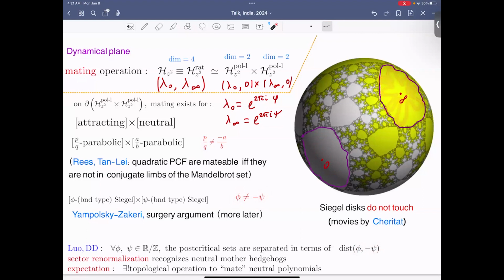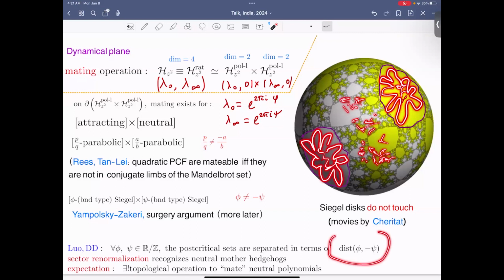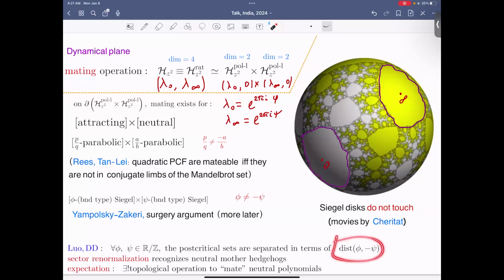In the limit, they can become Cremer hedgehogs, for example. But still, we can claim the separation of these postcritical sets, and the separation is in terms of this distance.